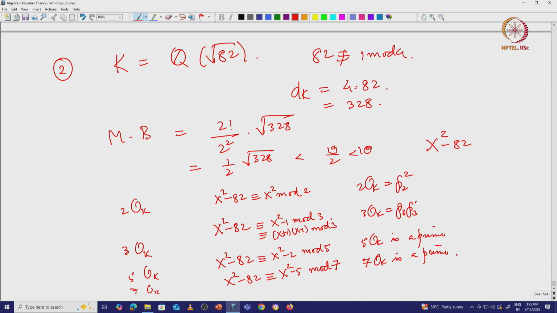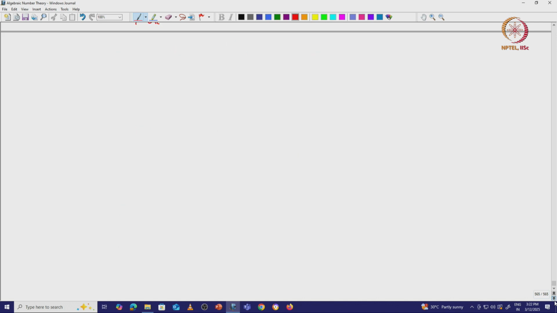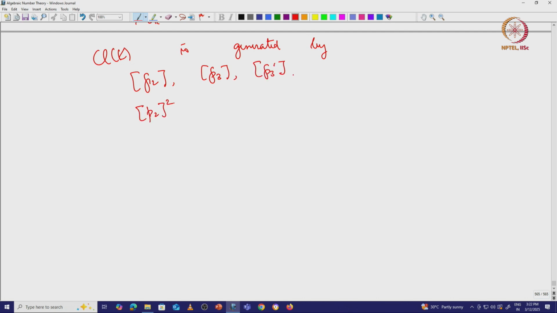Okay, so now we know that the class group of K is generated by the class of P2, the class of P3 and the class of P3 prime. We know that P2 square is 1, and we know that P3 is equal to P3 prime inverse. They are inverses of each other.